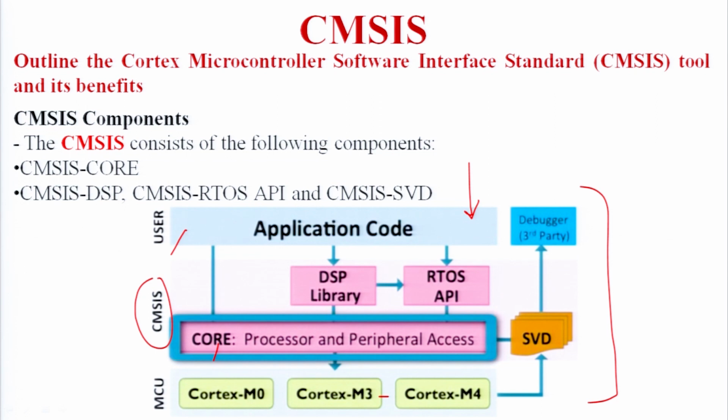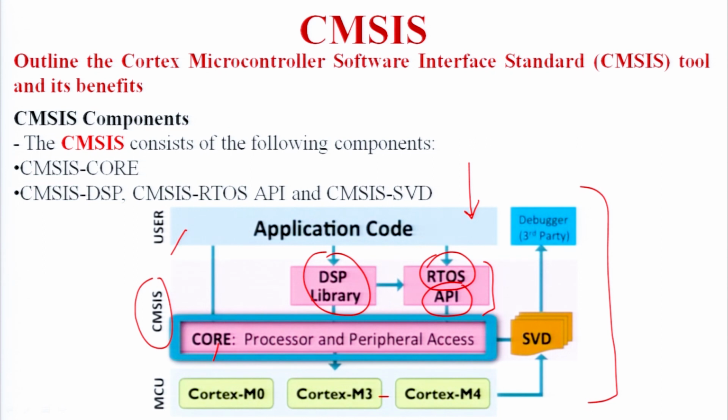If we are writing application code, it goes to the DSP libraries. For digital signal processing, the libraries have to be taken from the DSP library. And if we are using a real-time operating system API, API meaning application programming interface, all the libraries are held in this API.